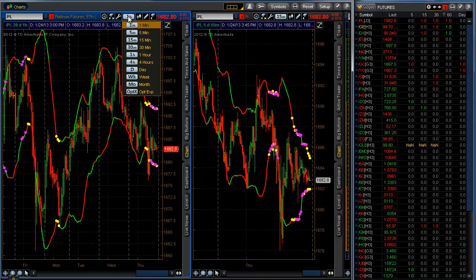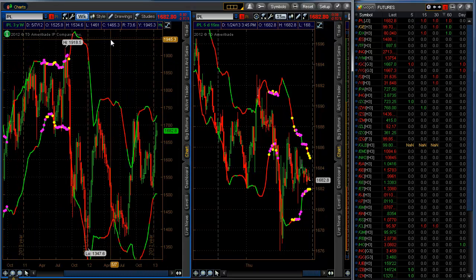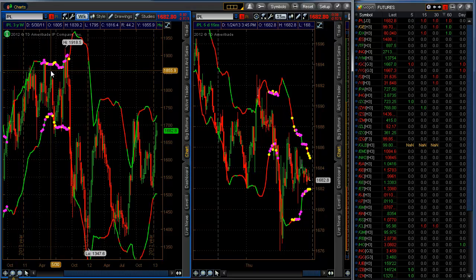We can also scan things all the way for a weekly, and you can see here, right here, this was back on the 1st of September. We had an indication of a potential momentum break to the upside or downside, but our indicators gave us the high probability that it would break to the downside, and it did.